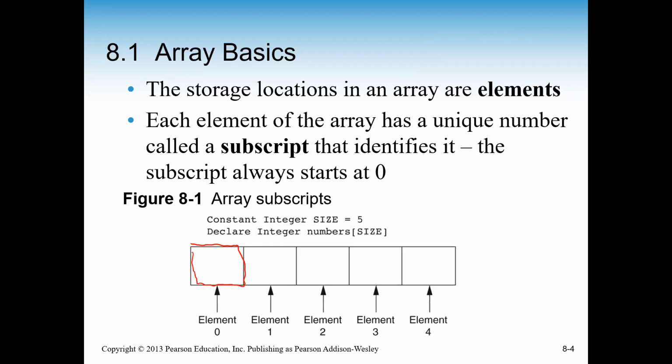So here in figure 8.1, we can see an example of array subscripts. So you can take a look at the example. Here we have a constant integer of size 5. That's going to be the size of the array. And then we declare an array called numbers of type integer, of size equal to size, which is 5.